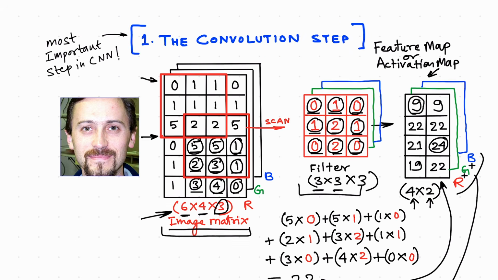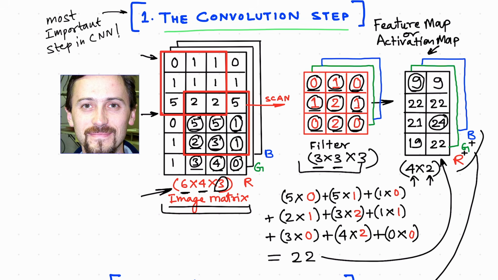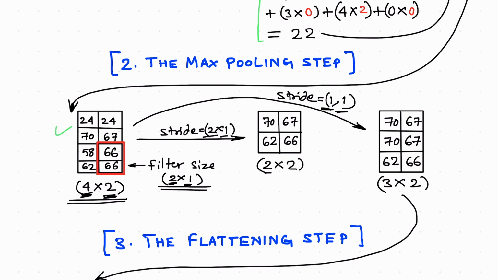So to summarize, the convolution step applies one or more filters to every part of the image by performing a dot product with the filter numbers to the image numbers, effectively reducing each window to a single number. The output is a convolved image, also known as the feature map or activation map. The feature maps of RGB channels are summed up to create a final feature map.